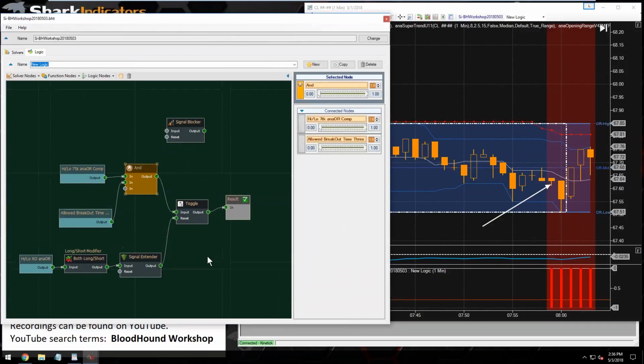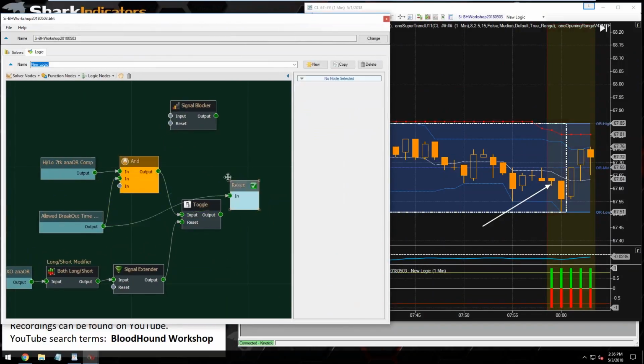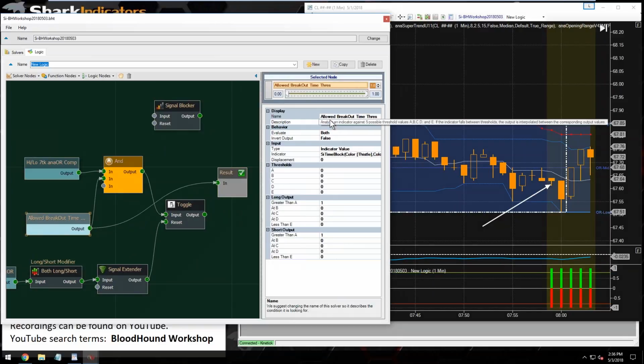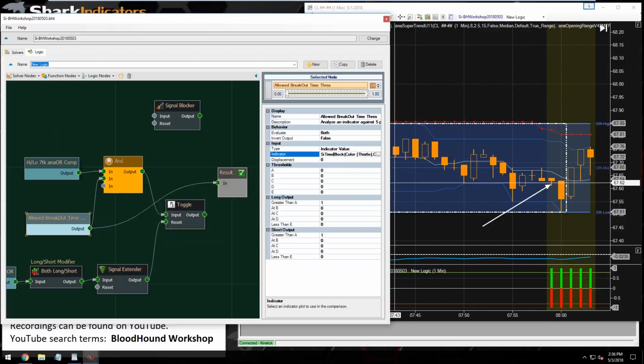All right, so I believe it is this setting here, the allowed breakout time, that is starting 2 bars early before the range is finished.